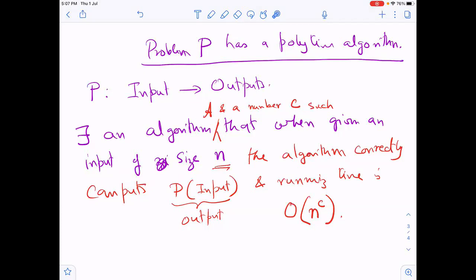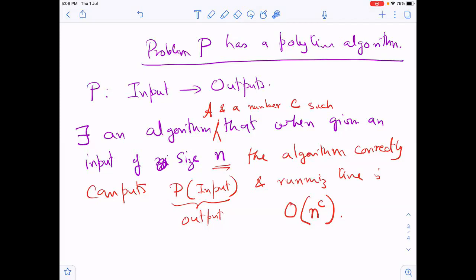So for example, this C can be 100, which means that this algorithm, for any input of size n, outputs in n to the power 100 steps, order n to the power 100 steps. If C is 5,000, this says that this algorithm outputs in n to the power 5,000 steps.